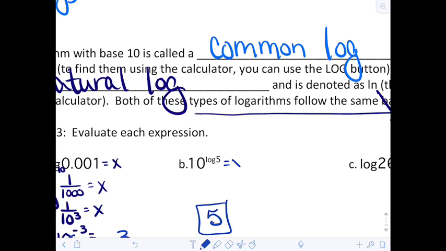Set it equal to x and start at the base, head toward the equal sign. Log base 10 of x equals log base 10 of 5. So we know that x has to be 5.